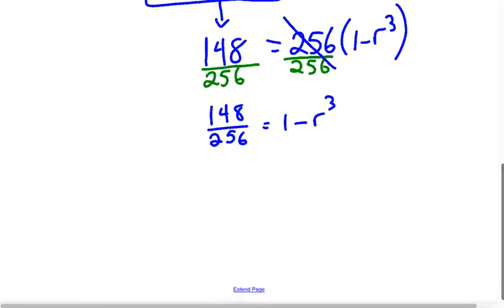And I'm going to solve this for r to the third. So basically, I'm going to subtract this from both sides, and at the same time, I'm going to add r to the third to both sides, just to get r positive.